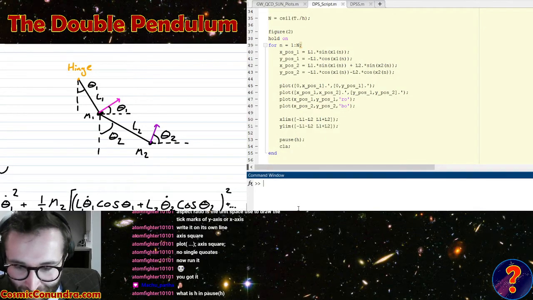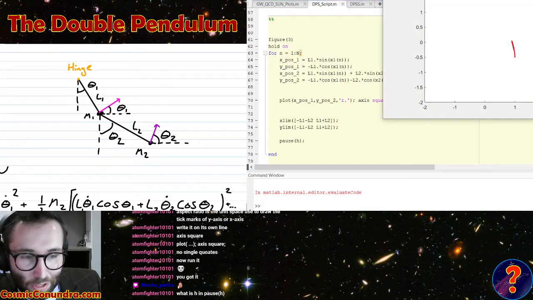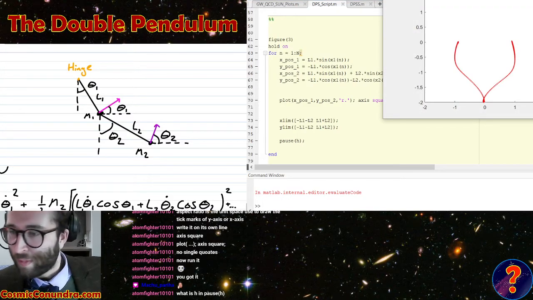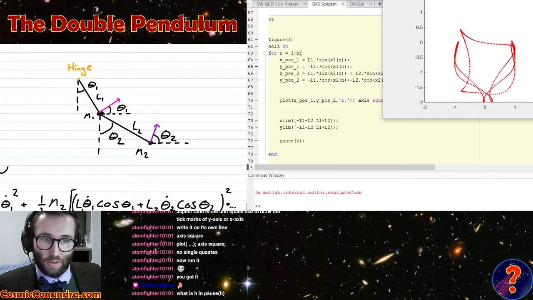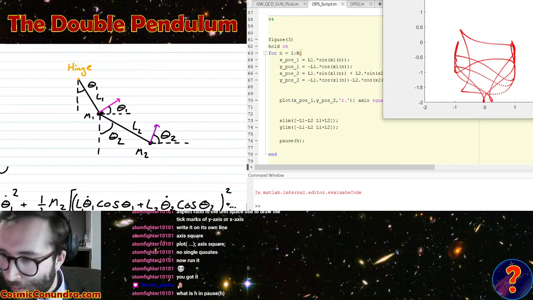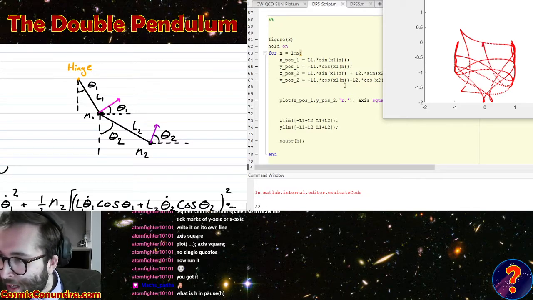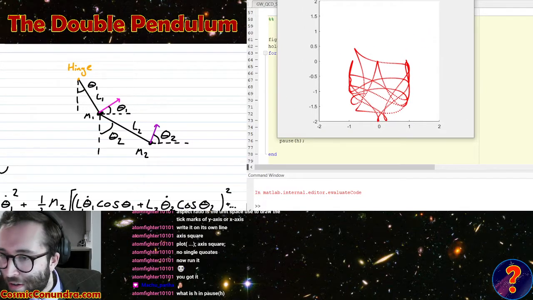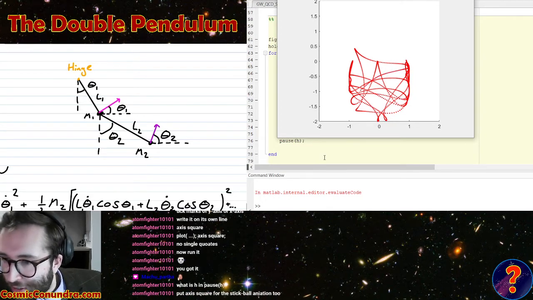Okay, anyway, so now we've got it so that we can see the traces that are made by the second bob, what it's doing as it goes along. Which is pretty nice. So now what we'd like to do is look at two different sets of initial conditions, put these initial conditions very near to each other, and see how the thing changes.